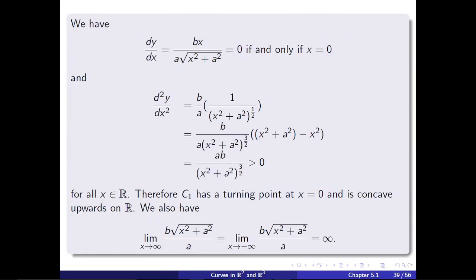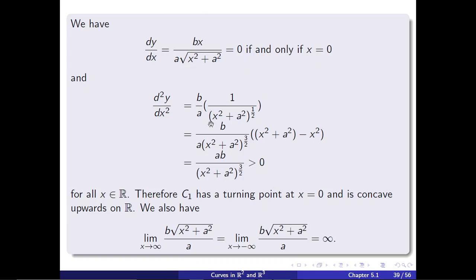So we consider the branch C1 where y is positive. If we want to find the turning point, we just differentiate, equate that to 0, and then we find out that x is equal to 0.